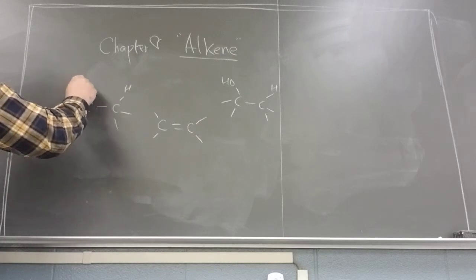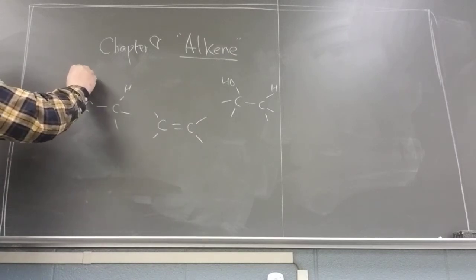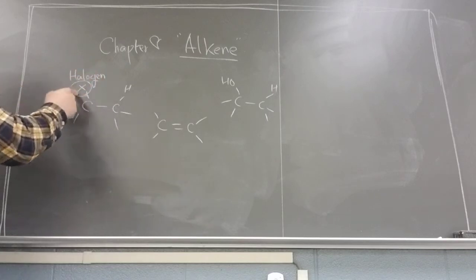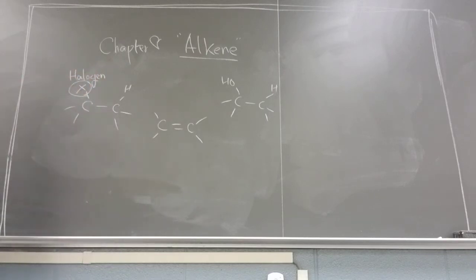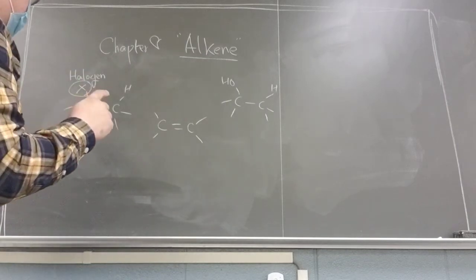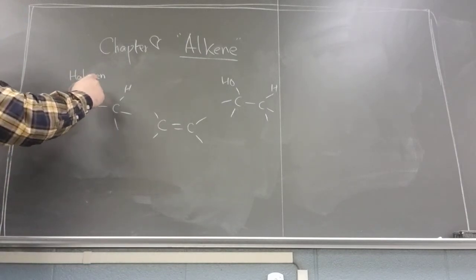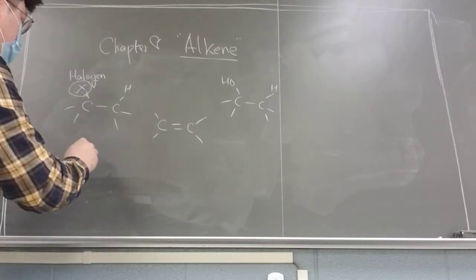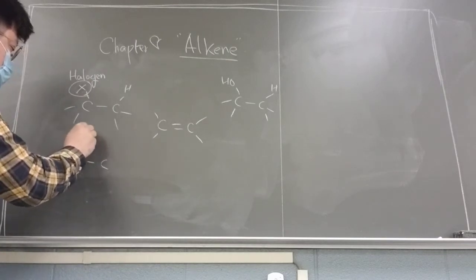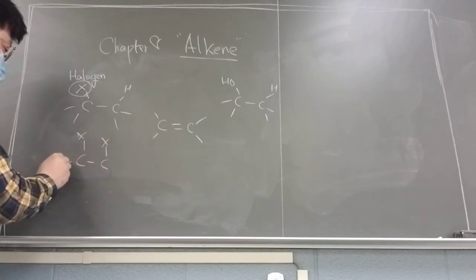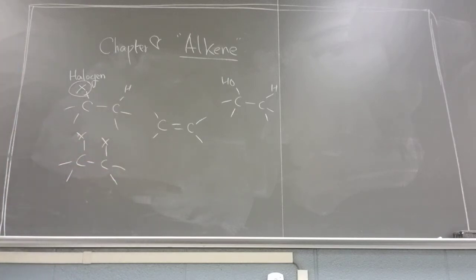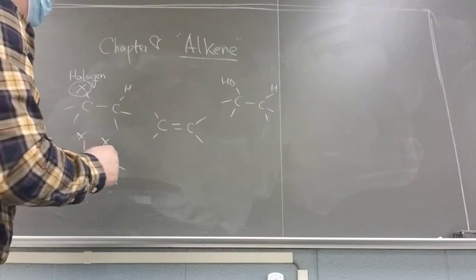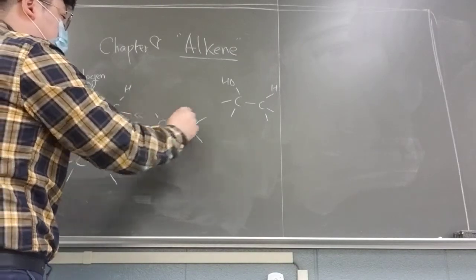Sorry, this is a halogen. So normally when I put X there, it's a halogen element. So you can see fluorine, chlorine, bromine, and iodine and so forth. The halogens are this X symbol right there. Or sometimes you can do dihalide compounds. So they can all come.